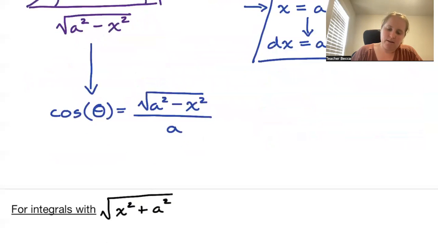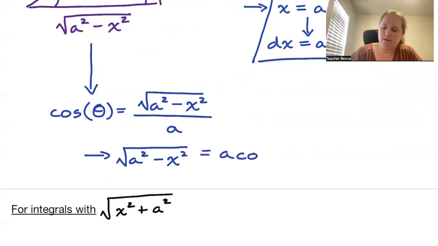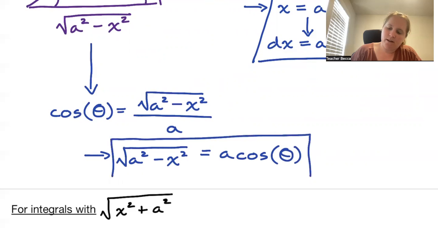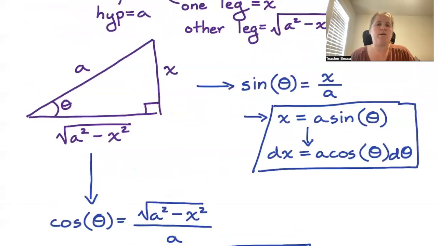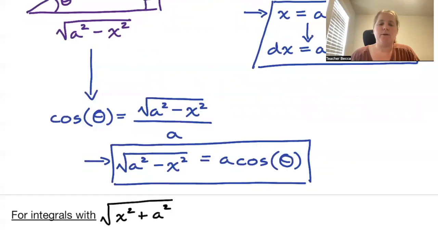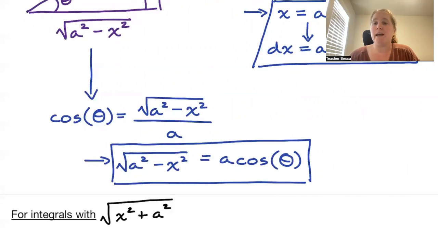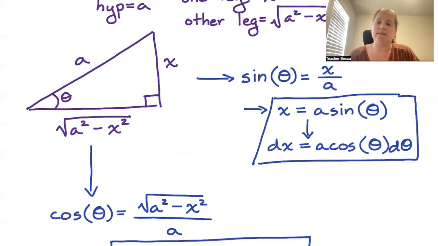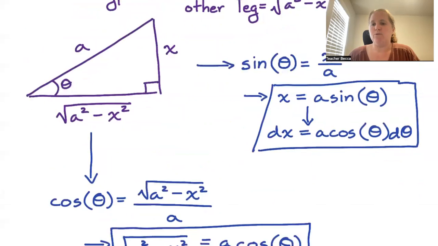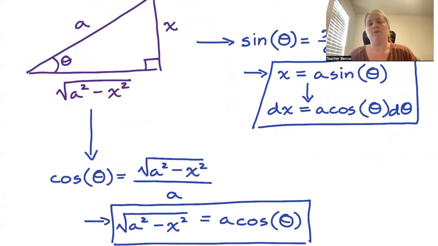So this means then that we have our square root a squared minus x squared as just a cosine theta. So having drawn this right triangle, if our integrand involves the square root of a squared minus x squared, we can replace that square root with just an a cosine theta. We can replace any other x's with a sine theta, and we can replace dx with a cosine theta d theta.